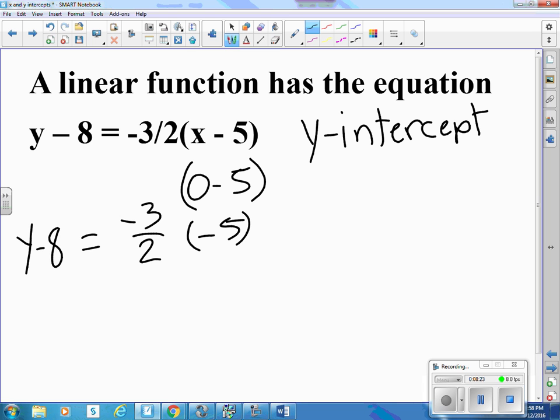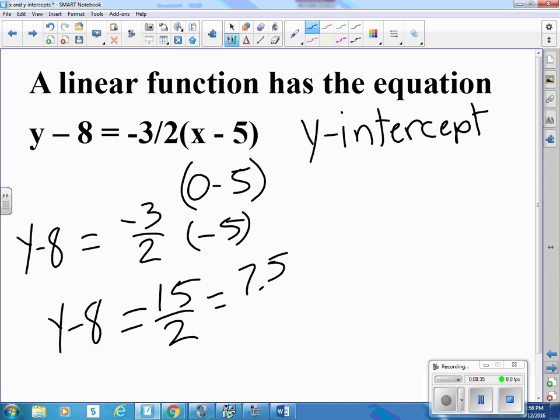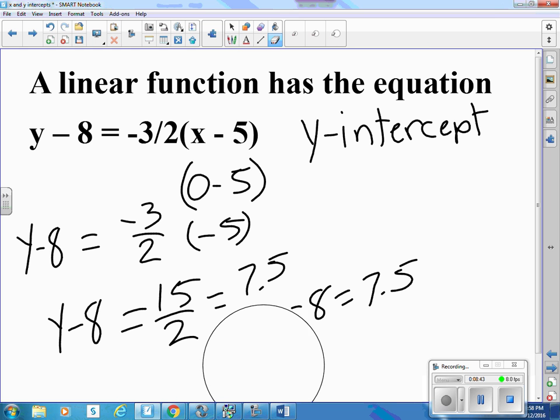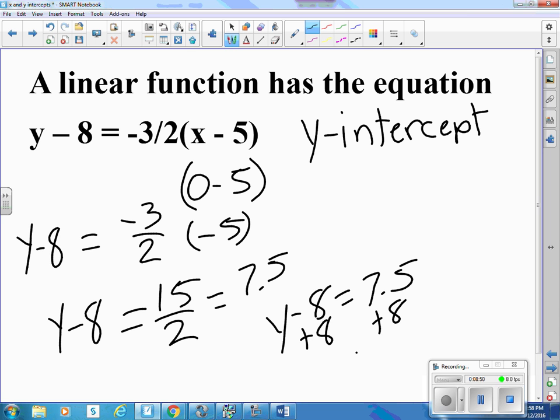We get negative 3 times negative 5 is 15. So y minus 8 equals 15 halves. Well, 15 halves is 7.5. So I have y minus 8 equals 7.5. So let's add 8 to each side. So y is equal to 15.5, the y-intercept.